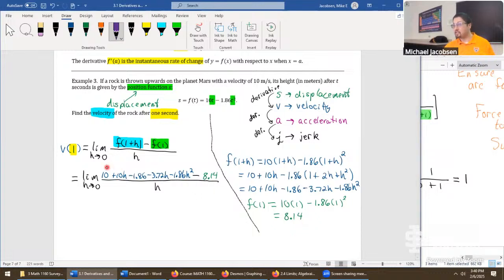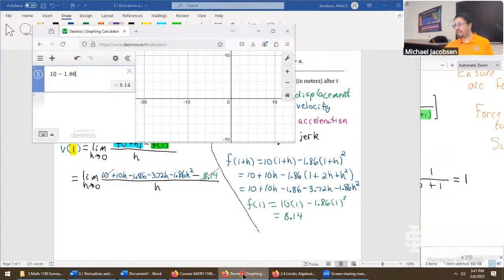So that tells us this plus this is 8.14 minus 8.14, full cancellation on all constants. That's kind of nice. And we have more like terms, 10h minus 3.72h. So 6.28h when we combine these two down here.